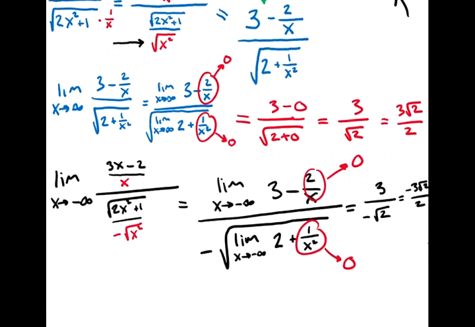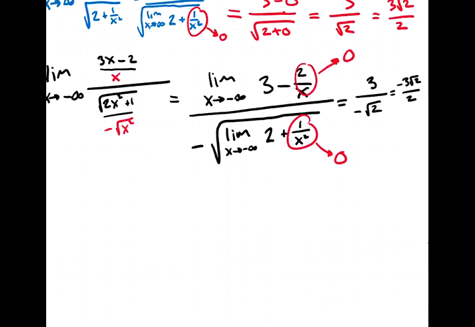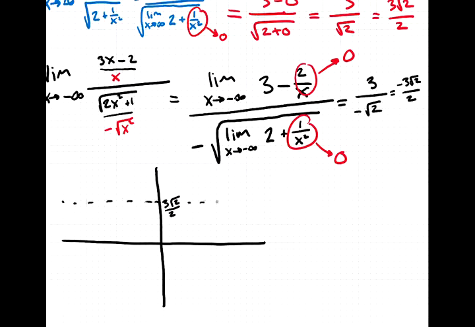So 2 horizontal asymptotes. If we were to graph this function, one is up here at 3 root 2 over 2, and one down here at negative 3 root 2 over 2. Now, I don't want to go through the whole process of graphing the function.